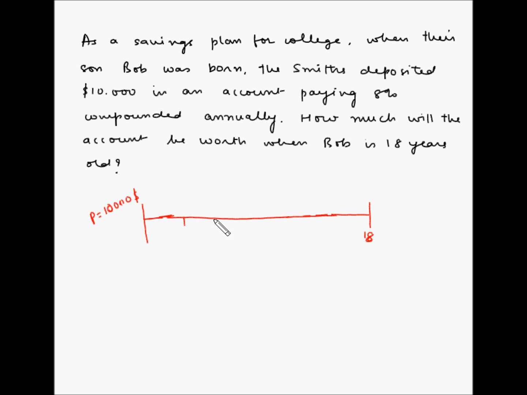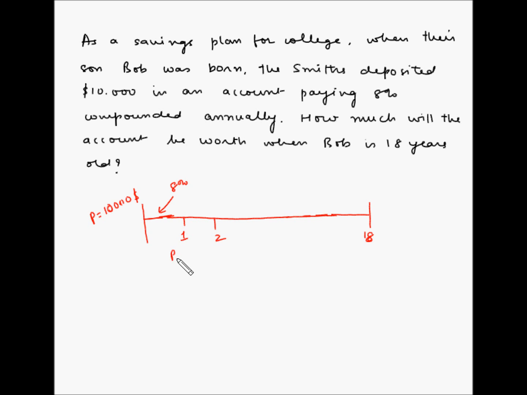Every year, the rate of interest is 8%, and the interest is being compounded annually. So what that means is that at the end of the first year, the interest gained during that year is added to the principal, which is at the beginning of that year.